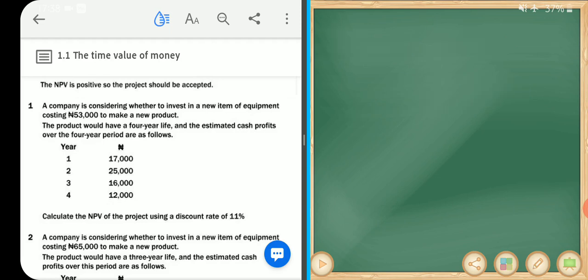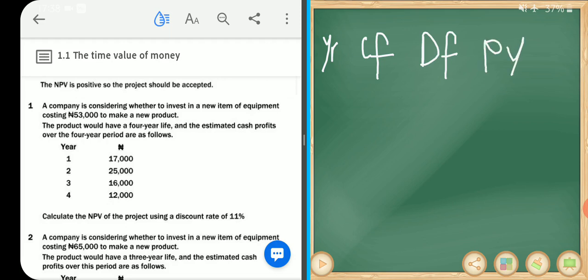Okay, so to do that, we have our year, we have our cash flow, we have our discount factor, and we have our present value. In year 0, remember year 0 is always your year of investment. How much did we invest? 53,000, which will be negative.